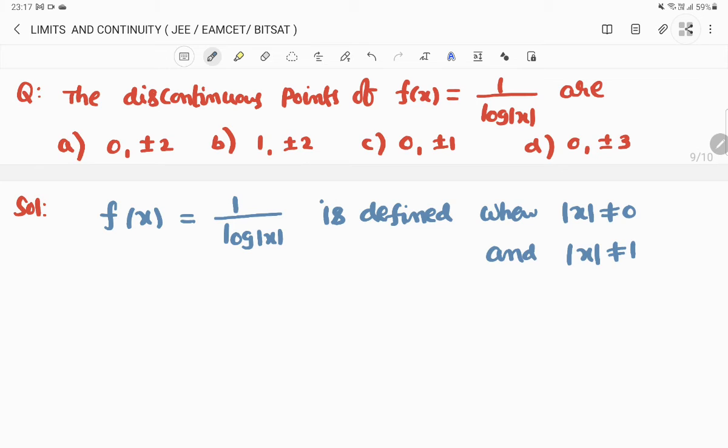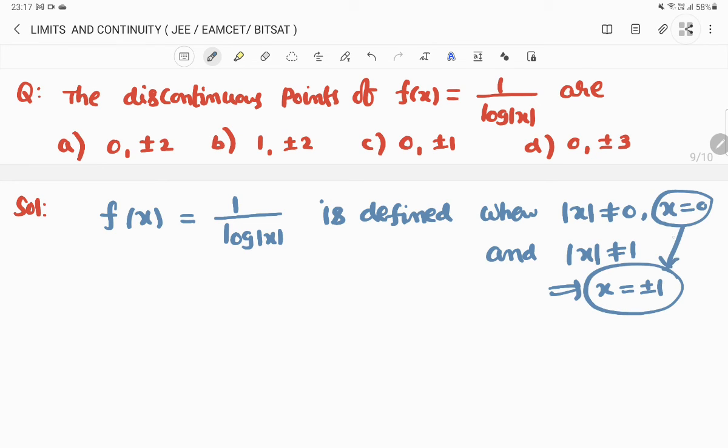Why? Because for x equal to 0, log 0 is undefined, we cannot define it. So x is not equal to 0, and mod x is not equal to 1, which implies x is not equal to plus or minus 1.